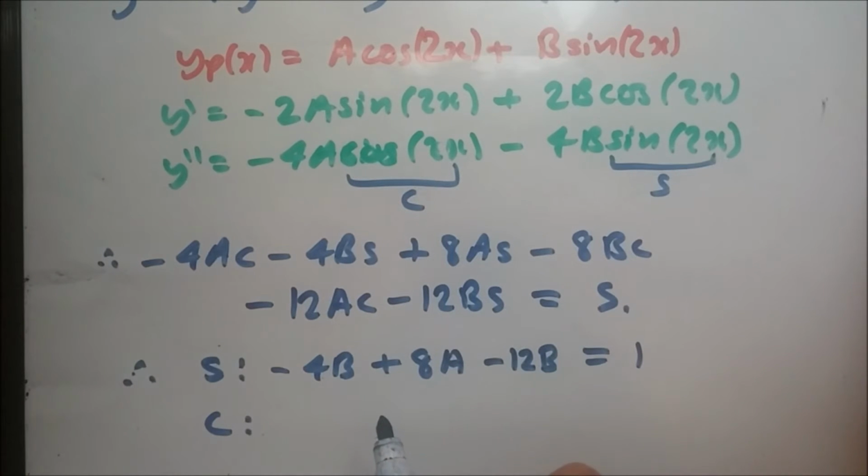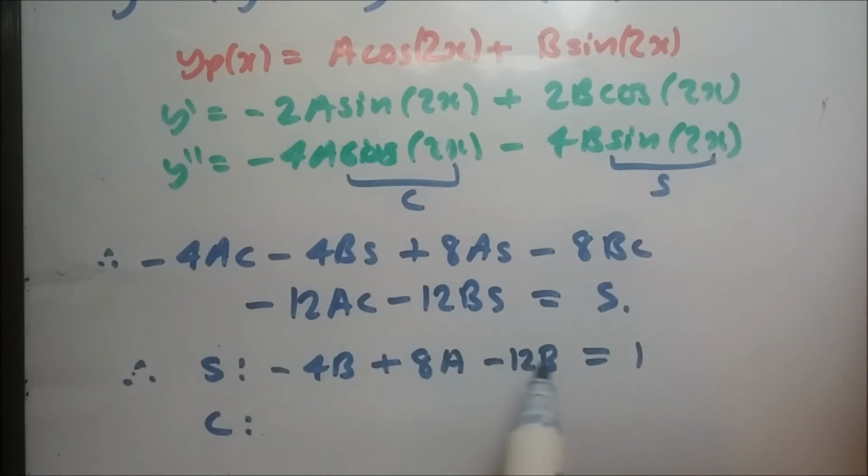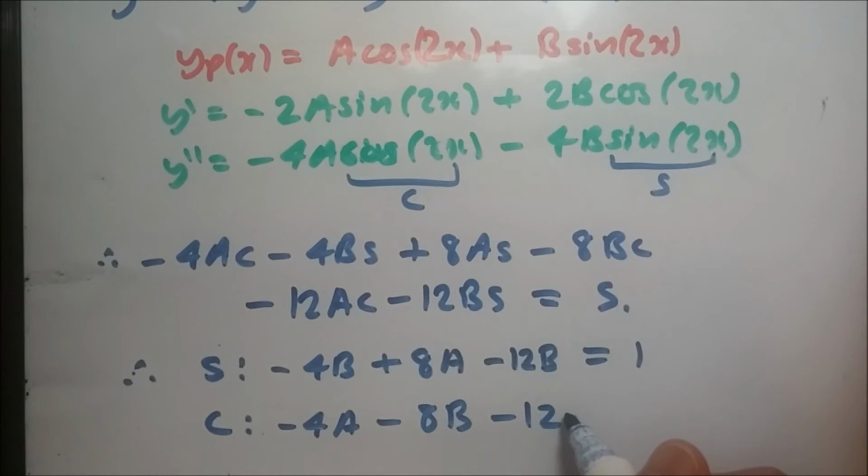And once again for this part here, what do we have? So let me see. Okay, so minus 4a minus 8b minus 12a. Okay, and this should equal 0.